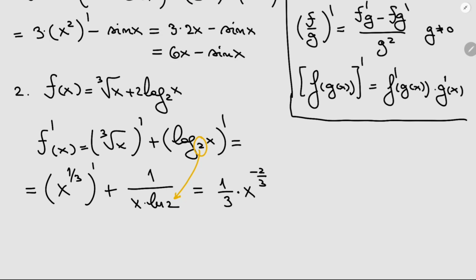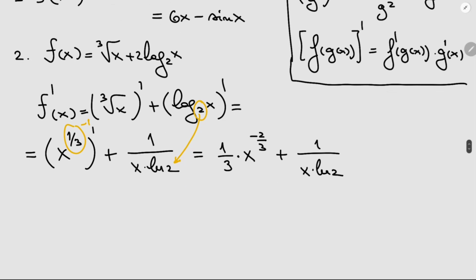So the exponent that we have right here gets decreased by 1. And this we have to add to 1 over x ln of 2, and using this we get 1 over 3x to the 2/3 plus 1 over x times the natural log of 2.